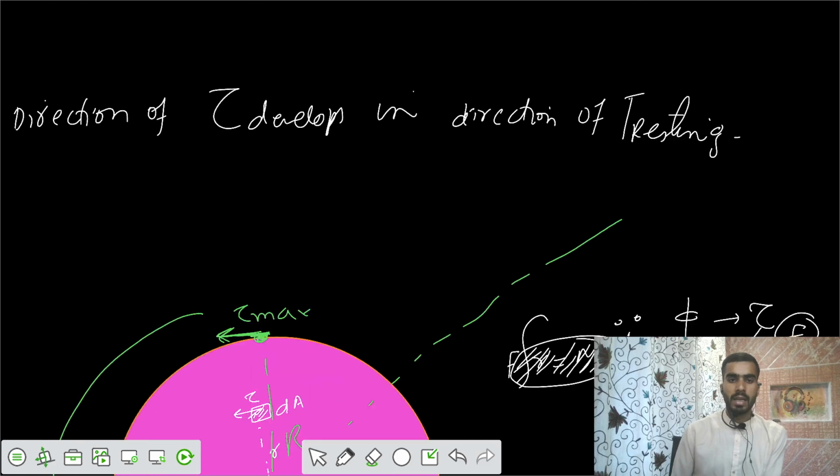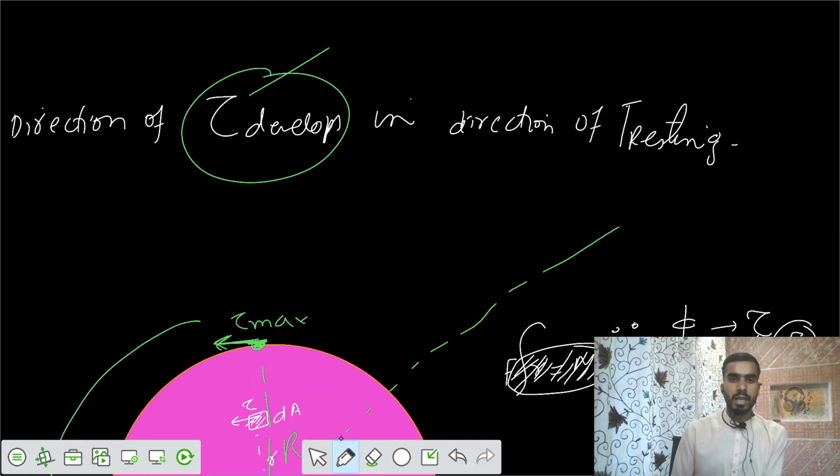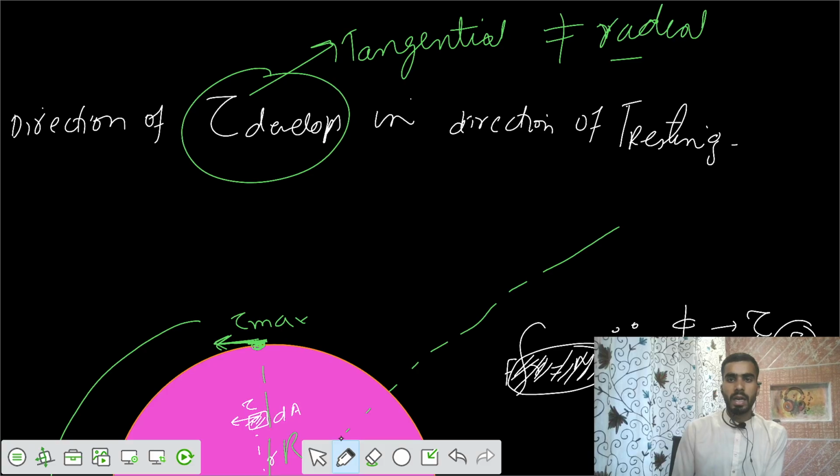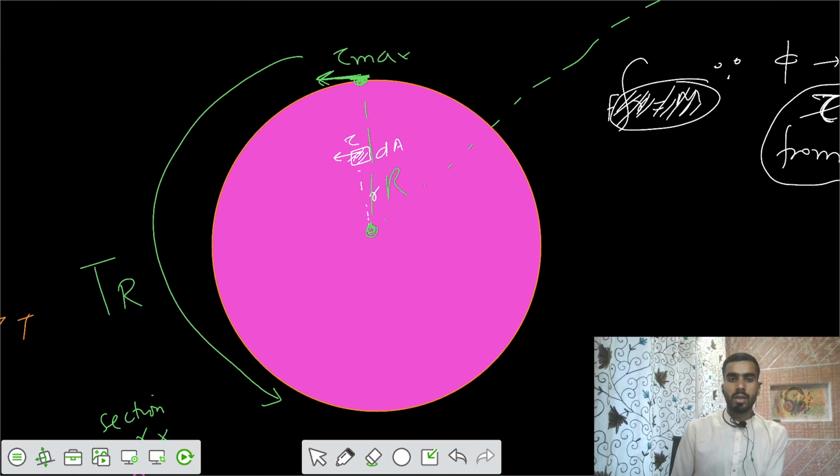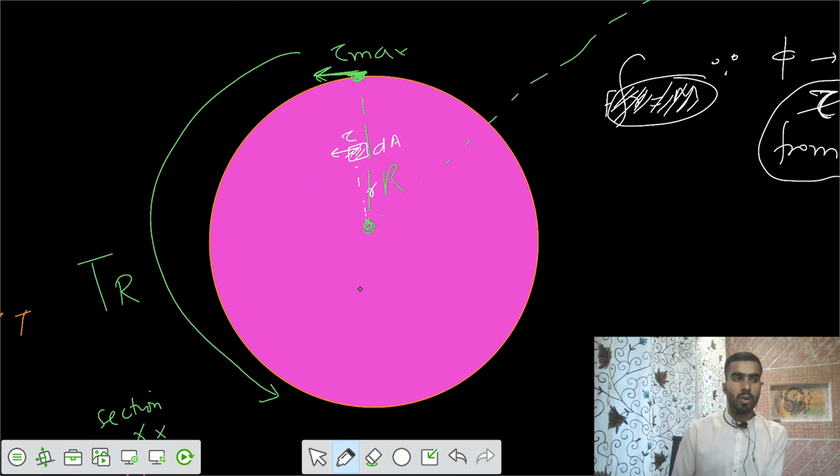It is not radial. Let's say that the tau developed is some tau max on the surface. Similarly, at any point here we have tau max, and somewhere here we have tau max. So along that tangential direction we have tau max.